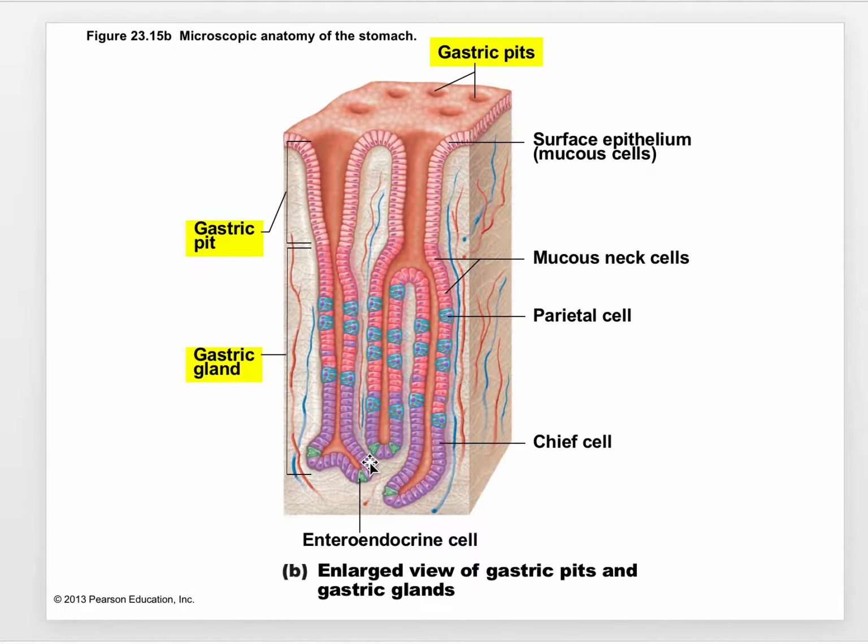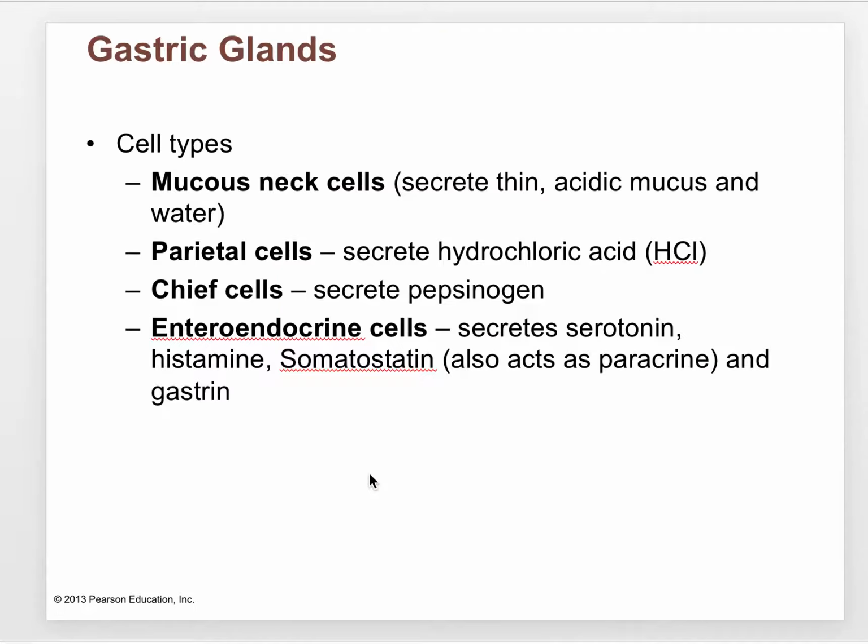Here's another type of cell, enteroendocrine cell. Entero means intestines, and endocrine, of course we know what endocrine means. The enteroendocrine cells secrete serotonin, histamine, somatostatin, and gastrin. These are all different hormones that aid in the digestion of food.